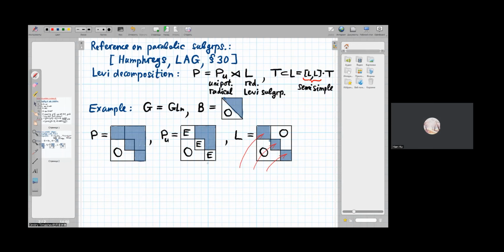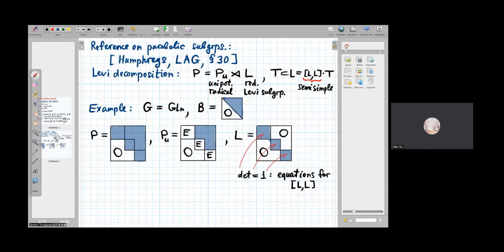The condition defining the derived subgroup, the commutator subgroup, is that the determinant of each of these blocks should be equal to 1. So these are the defining equations for the derived subgroup of L. This is an example of the Levi decomposition of a parabolic subgroup in GL_N.